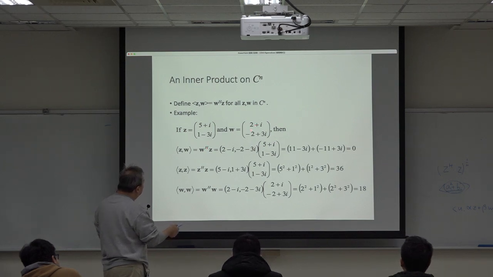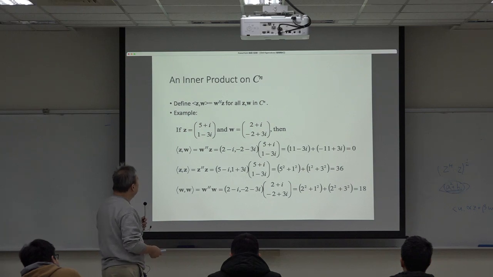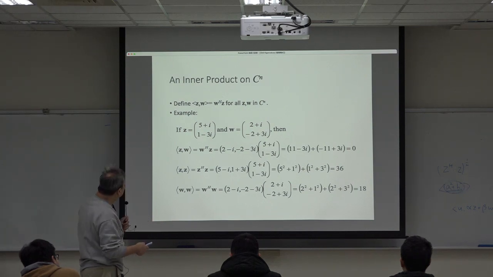So what is w^H? You change each of these into a conjugate, and change this column vector to a row vector. So it becomes 2 minus i, negative 2 minus 3i. And z inner product z will be z^H z, just this one. And w inner product w is similar. Not much to talk about.